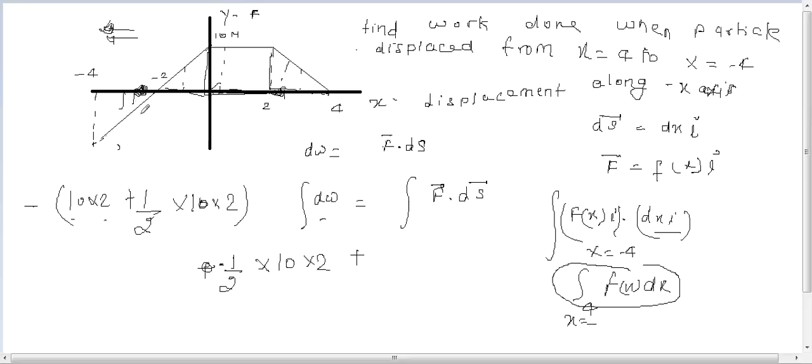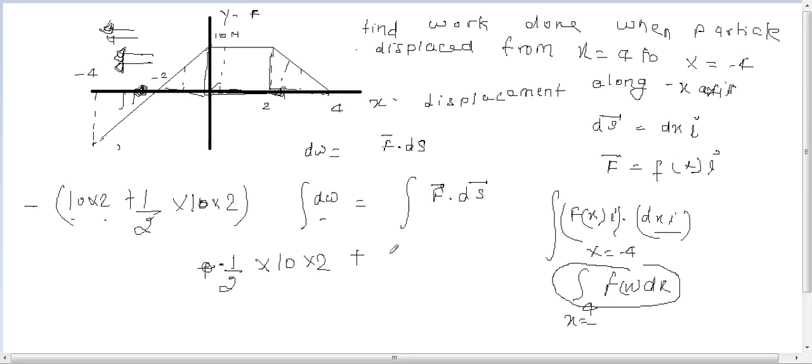So the displacement is taking place along this direction, and the force acting is also along the negative x-axis. So what is the work done? The work done will be positive because the direction of force and the direction of displacement are the same.